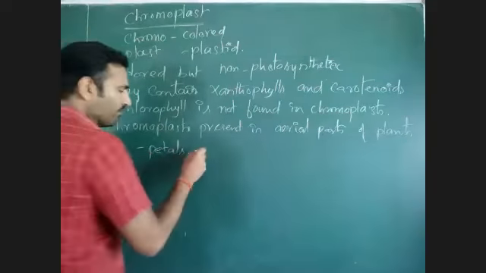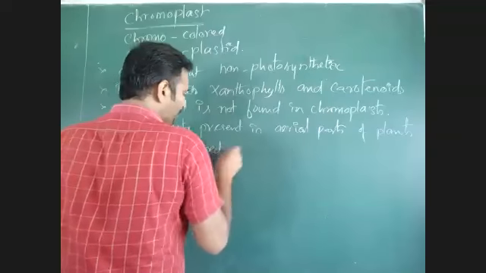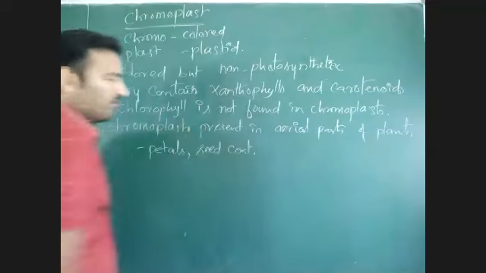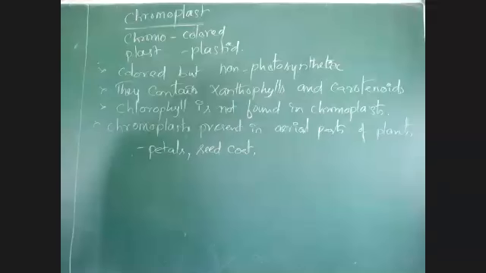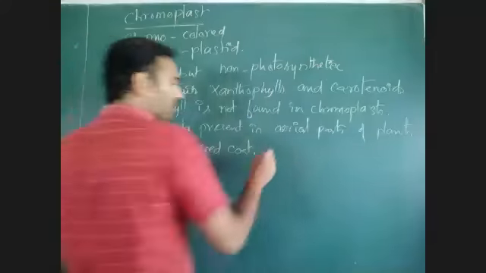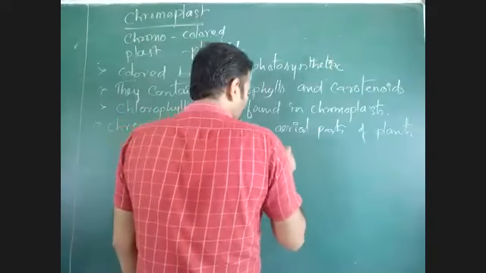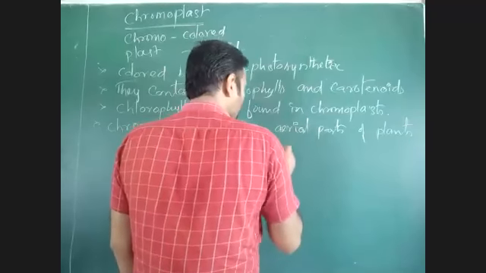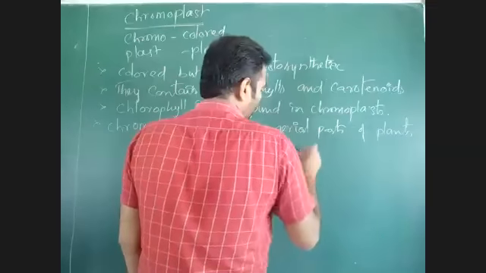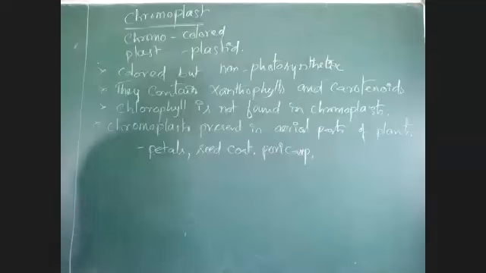Petals. Some seeds have different color. Seed coat has chromoplast. And fruits, especially the pericarp of fruits. Pericarp means everything except the seed.